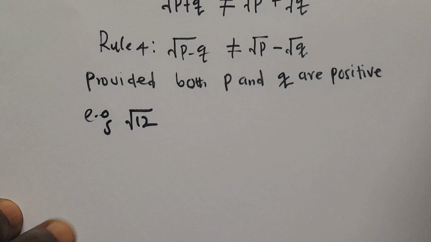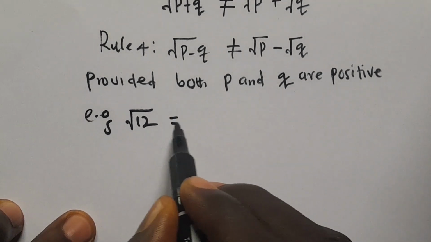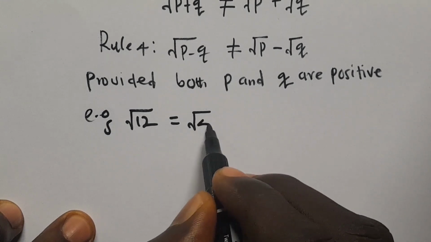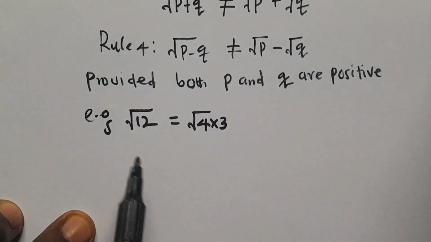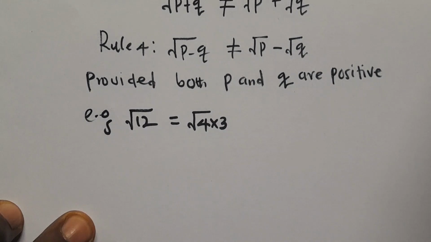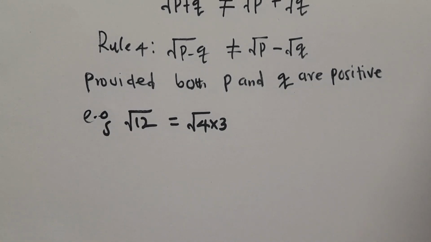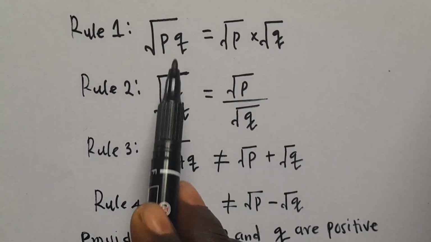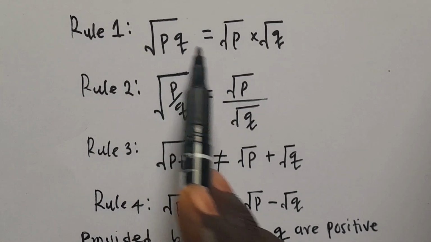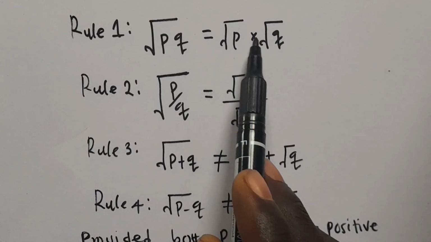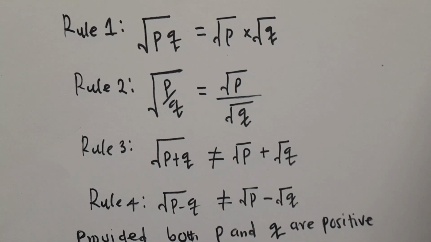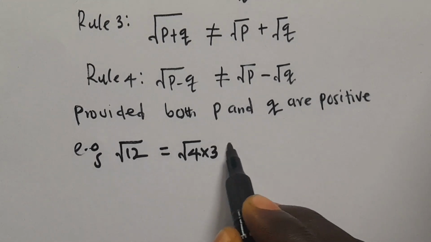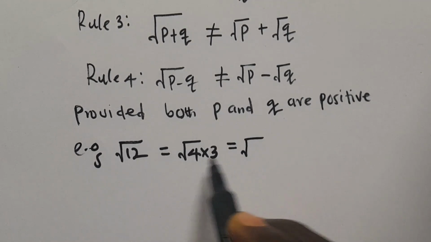So now let's say we have e.g. square root of 12. We know that 4 multiplied by 3 equals 12. So we can have it back as square root of 4 multiplied by 3. Now by applying rule 1 above, square root of pq equals square root of p multiplied by square root of q.